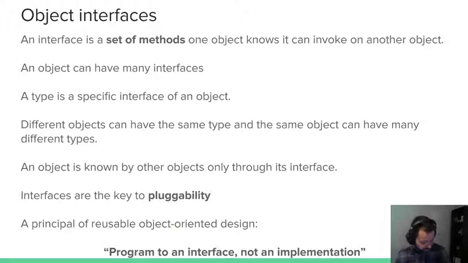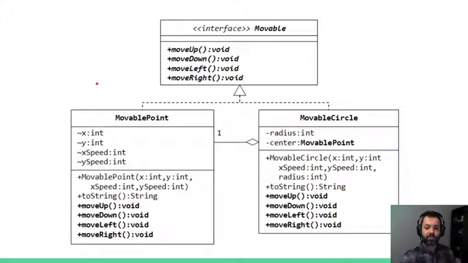But what are interfaces at a more descriptive level? These are just going to be a set of methods. So I've got that nice bold at the top there. You have an object with a set of methods, and another object with a set of methods, and those are effectively the same methods, just implemented differently. With this interface notion, you could have more than one, so you don't just have to have this one interface.